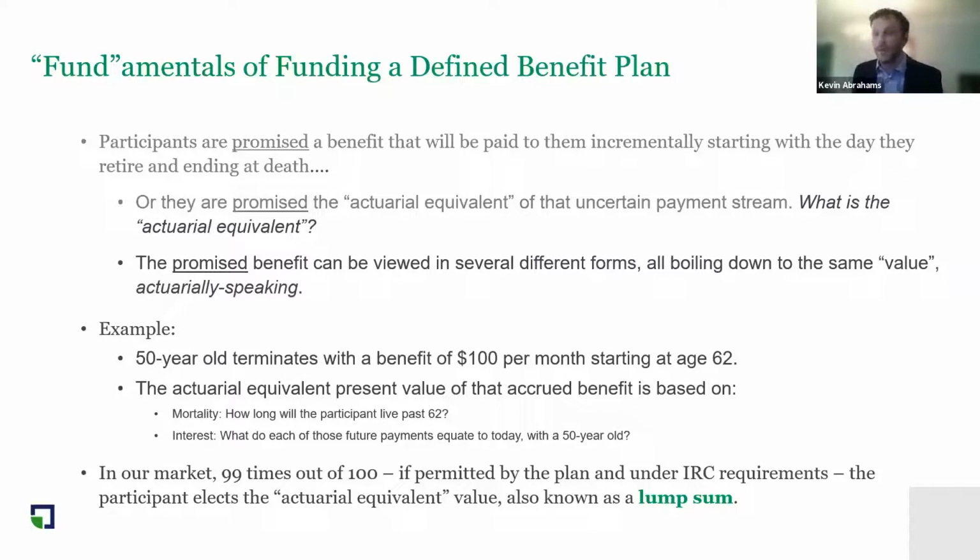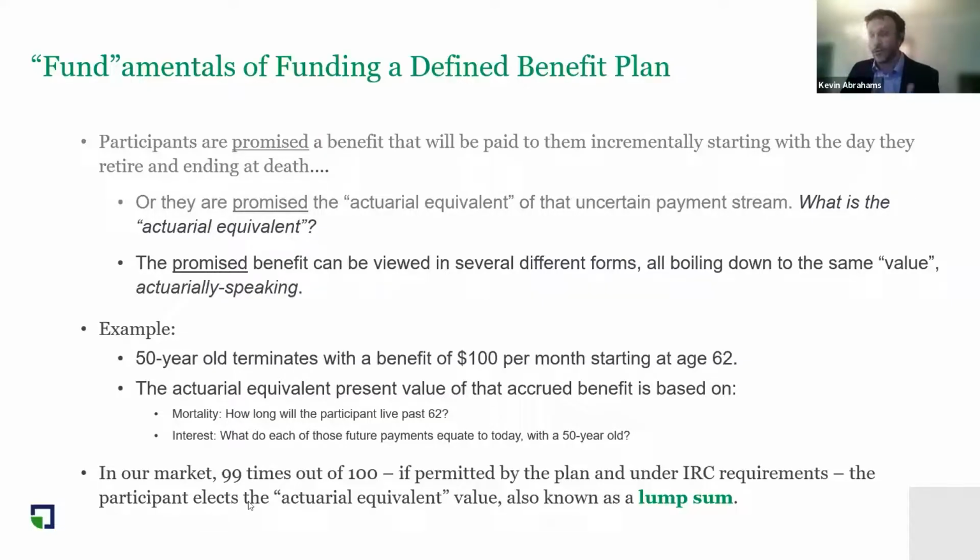Well, what is that today, at age 50, 12 years before that, in a lump sum value? And in our market, almost 100% of the time, the interested party cares more about the lump sum value of what is my money today rather than what I'm going to get 12 years from now on a monthly basis.